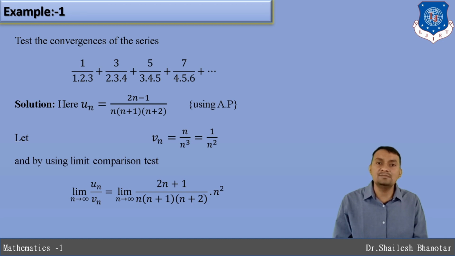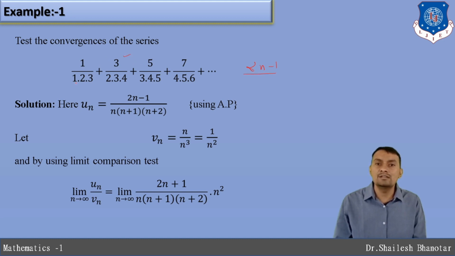Each term has a difference of 2, so we write 2n. But when we put n equal to 1, it gives 2, and we want 1, so I have to subtract 1. For n equal to 2, we get 4 minus 1, that is 3, and that is what we have.